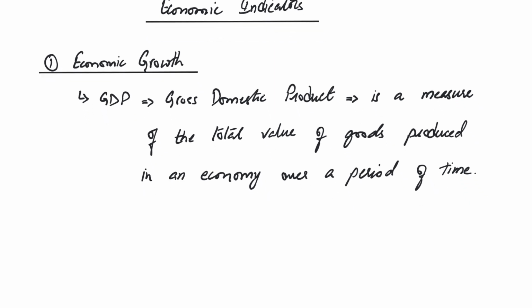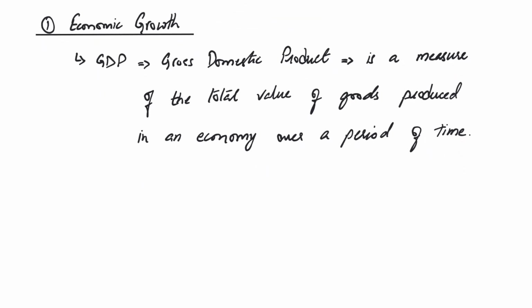Basically, everything that is being produced in the country in a given period of time, for example, year, quarterly, half yearly, वगैरह.